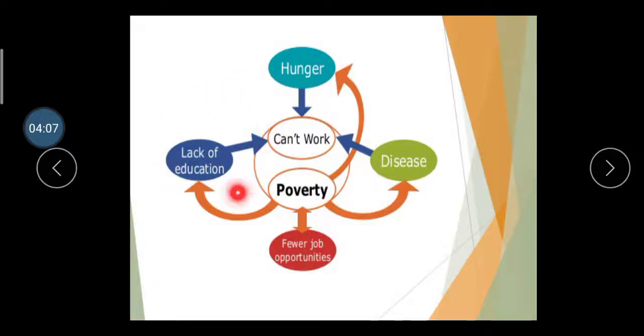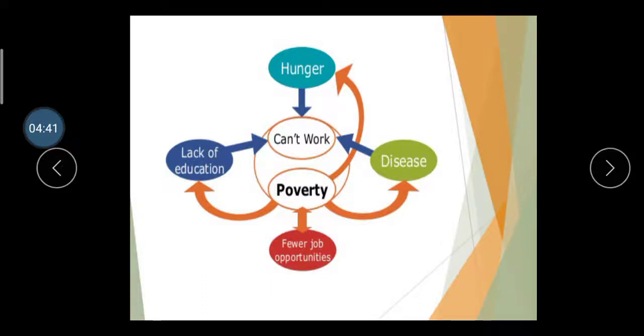Lacking education and suffering disease, they cannot do any work, and they go hungry because they cannot feed their family members. In this diagram you can easily understand this: because of poverty they cannot get an education, they face various types of disease, so they can't work with efficiency and effectiveness, and so they cannot get higher job opportunities.